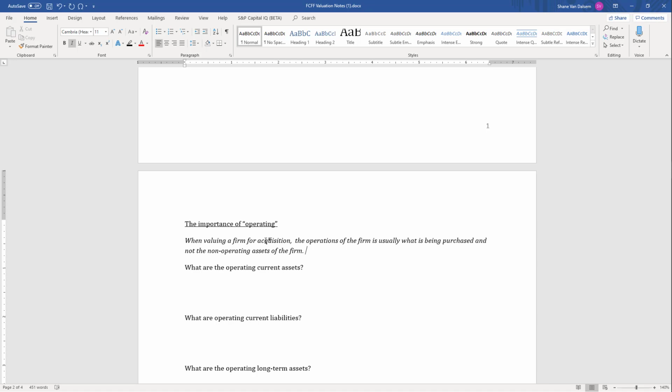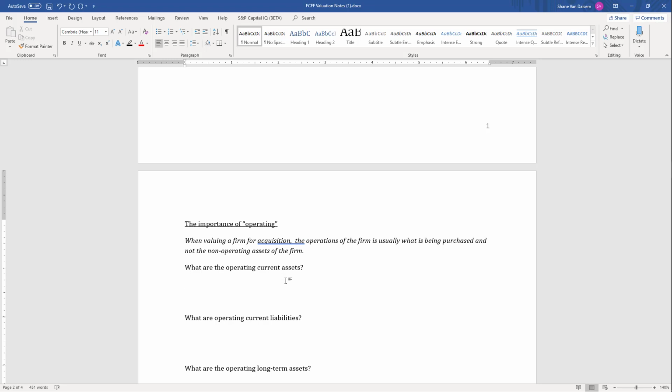So what are operating current assets? So they're current assets, so they're going to be assets that are expected to be liquidated, turned to cash in 1 year or less, and then operating, they're used in the day-to-day operations of the firm.